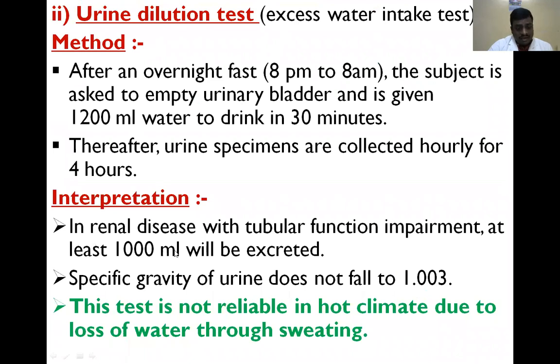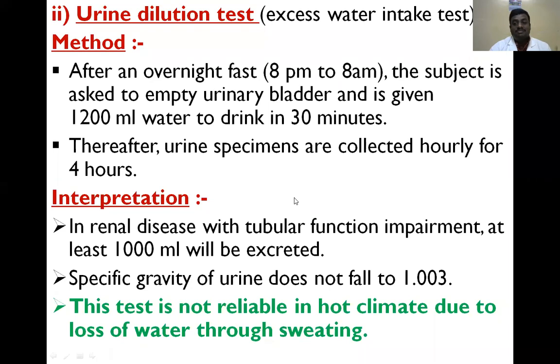Interpretation: in renal disease with tubular function impairment, at least 1000 ml will be excreted even if it is impaired, and the specific gravity of the urine does not fall to 1.003. But this test is not specific, because it is not reliable in hot climates due to loss of water through sweating.